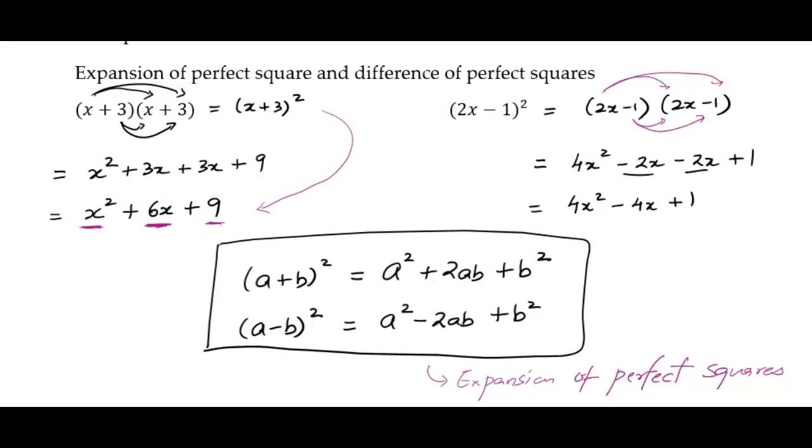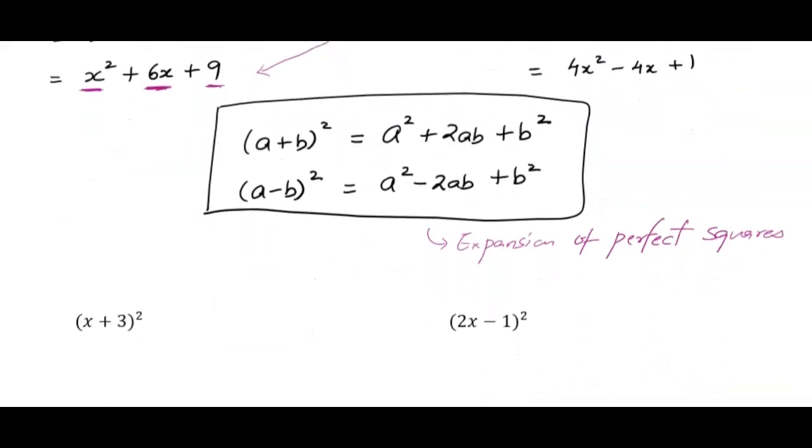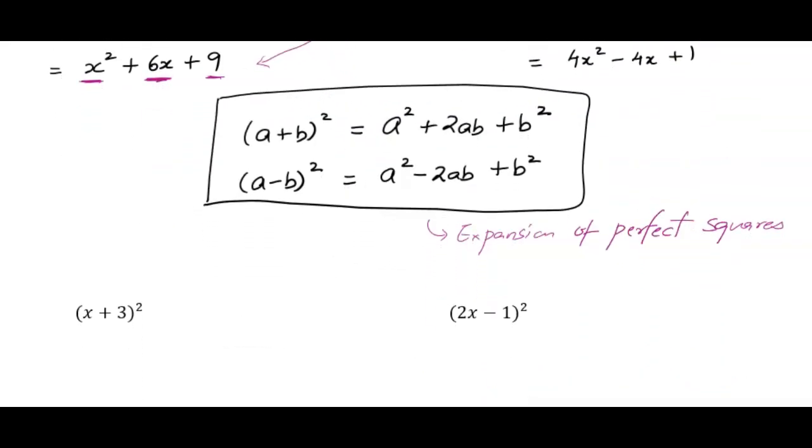Similarly, if I was to apply the rule of a minus b to the power of 2 to this question, and expand my 2x minus 1 to the power of 2, this is what I'm going to get. My first term being a squared, and the value for a in this question is 2x, so we're going to have 2x to the power of 2.